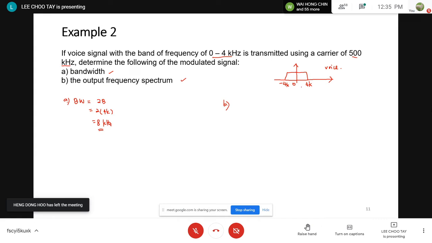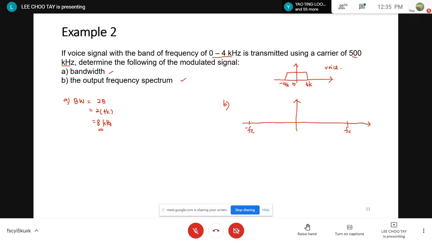Okay, and then B, the output signal spectrum. This is my baseband, and this example is on double sideband suppressed carrier, since we are on that topic now. Now I have FC, again not to scale, and this is minus FC.